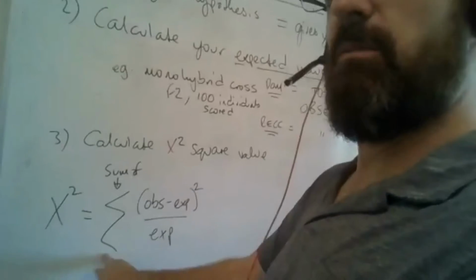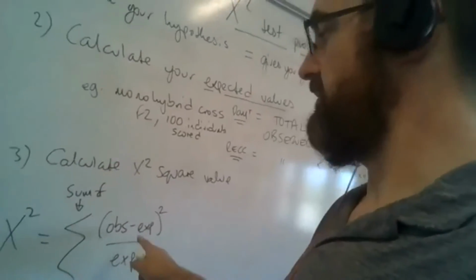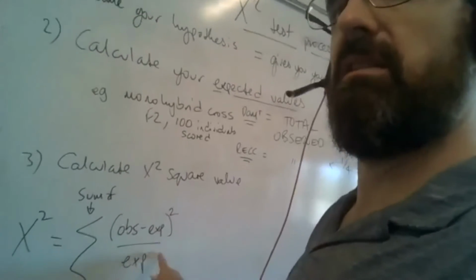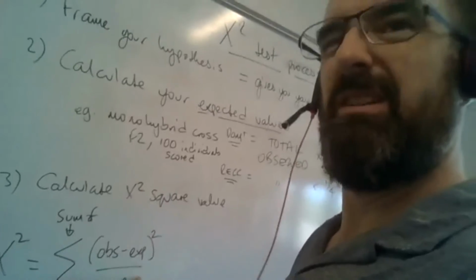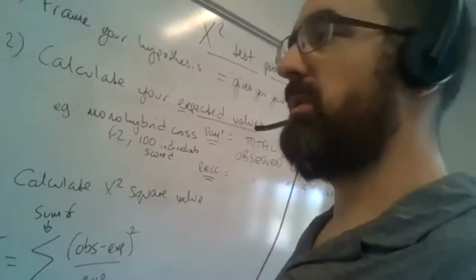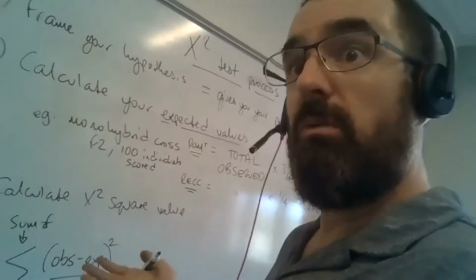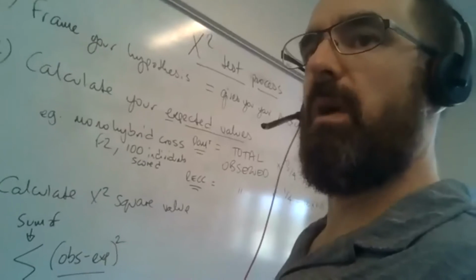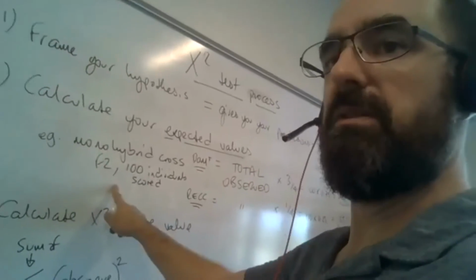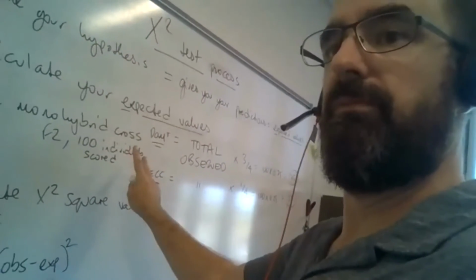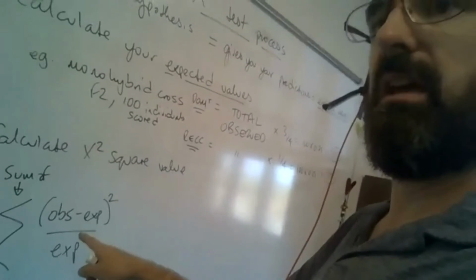Because this is a sum of, essentially what that's telling you is you do one of these for everything that you score. Every different condition, phenotype, variable, whatever, that's in your experiment. So in a monohybrid cross, we've got 2, so you're going to be doing 2 of these calculations.